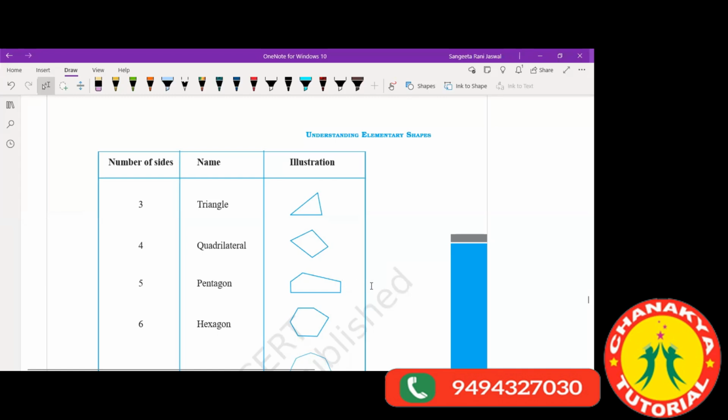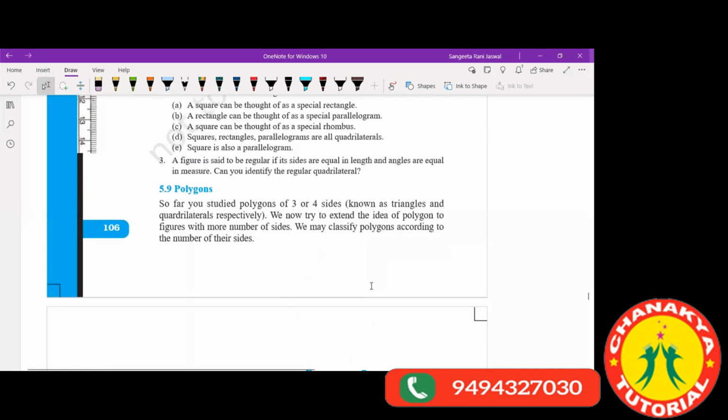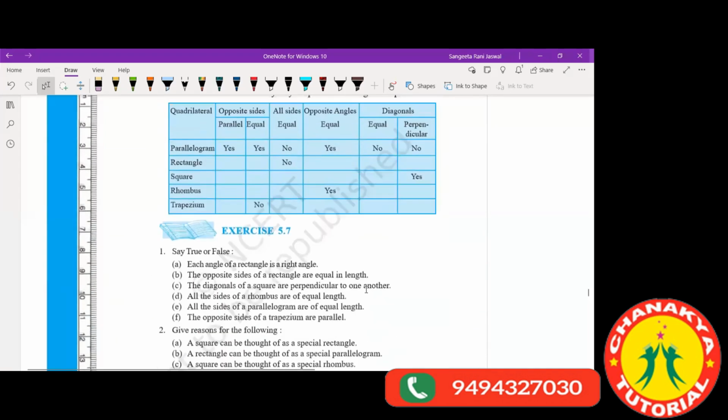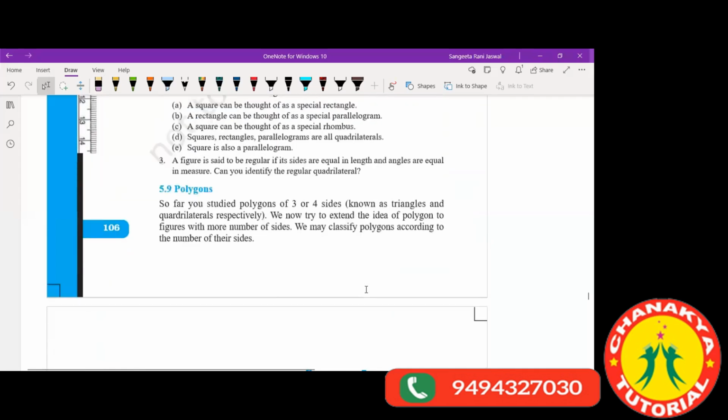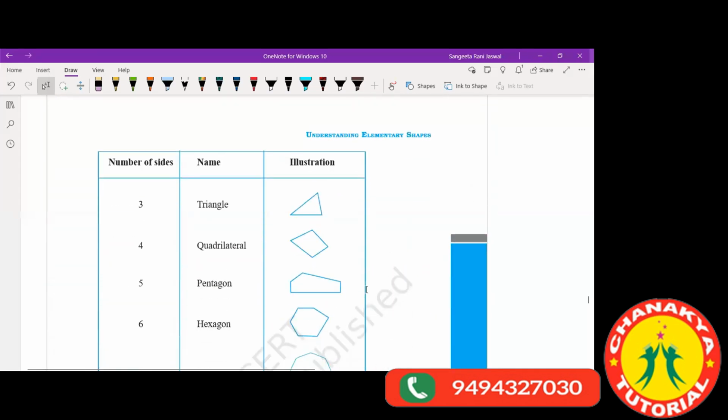Further, I'm just discussing what else we did in this chapter. We studied solid shapes and the properties of some polygons. We studied triangles and then quadrilaterals. Quadrilateral means those figures which are four-sided figures.